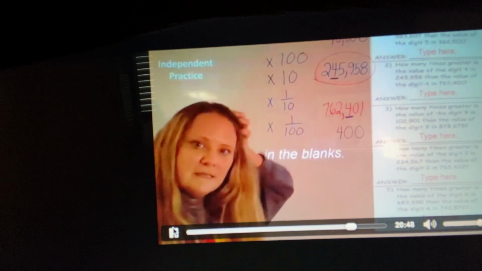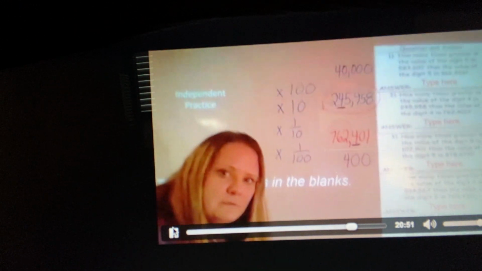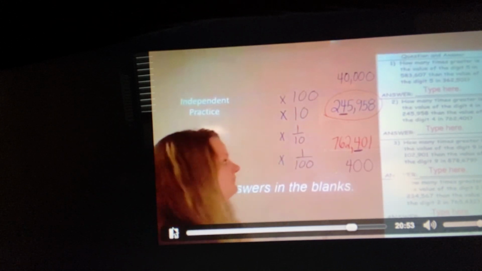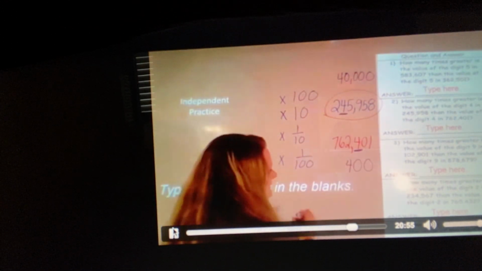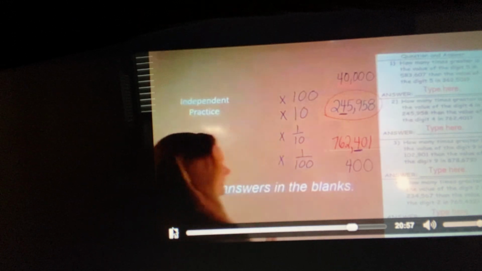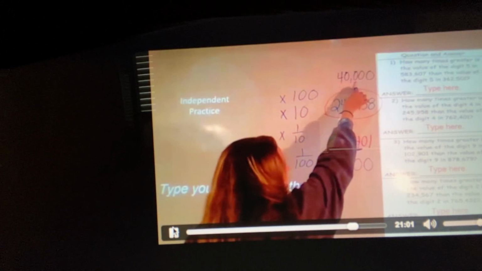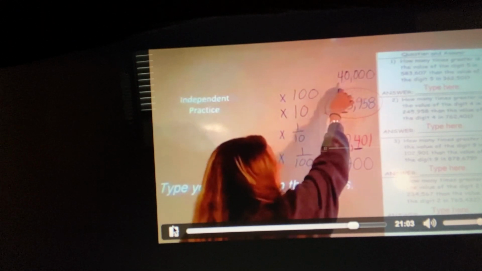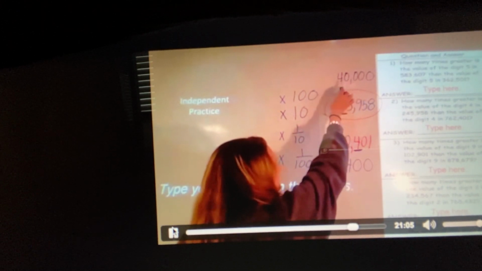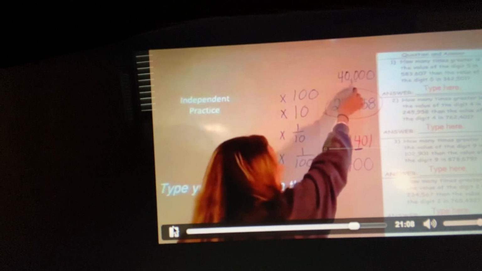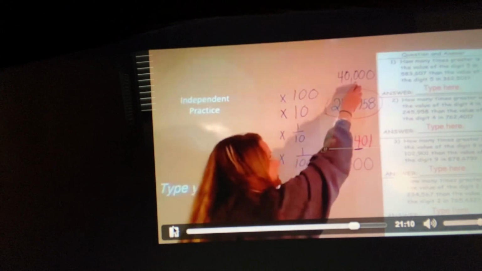Well, how many jumps did it make? Oh, you can't see my number. The 4 went from the hundreds place to the what place? It was in the hundreds place, and it went to the 10,000. So you went 1,000, 10,000. That's 2 jumps. Did you see that? He started here in the hundreds.